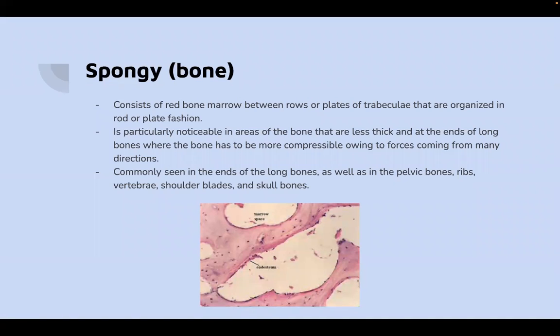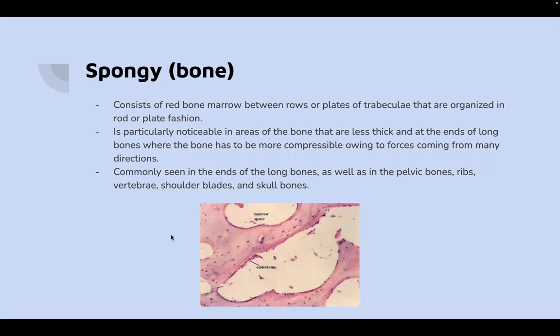And now we're going to talk about the spongy bone. It has a lattice-like look to it, and it is located in the interior of a bone, and it is strong but lightweight. It has red bone marrow between rows or plates of trabeculae, which are organized in a rod or plate fashion.